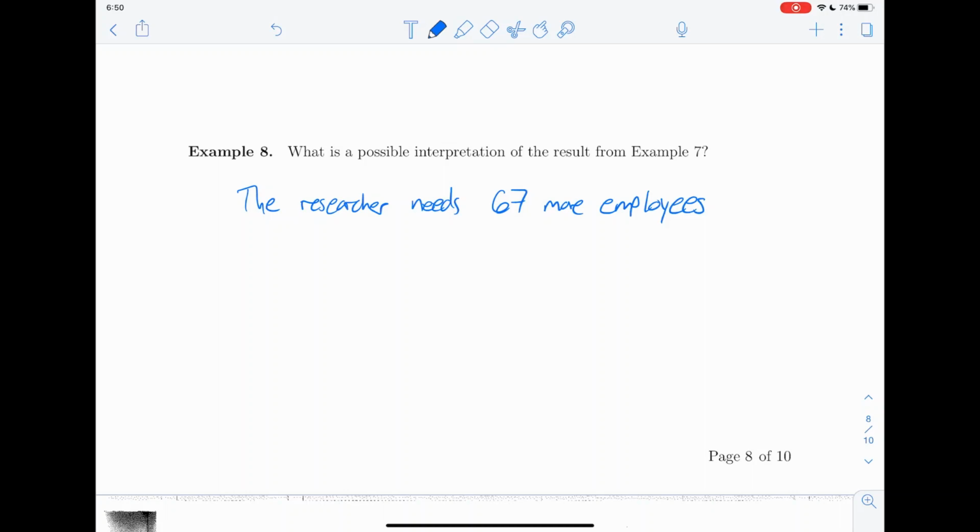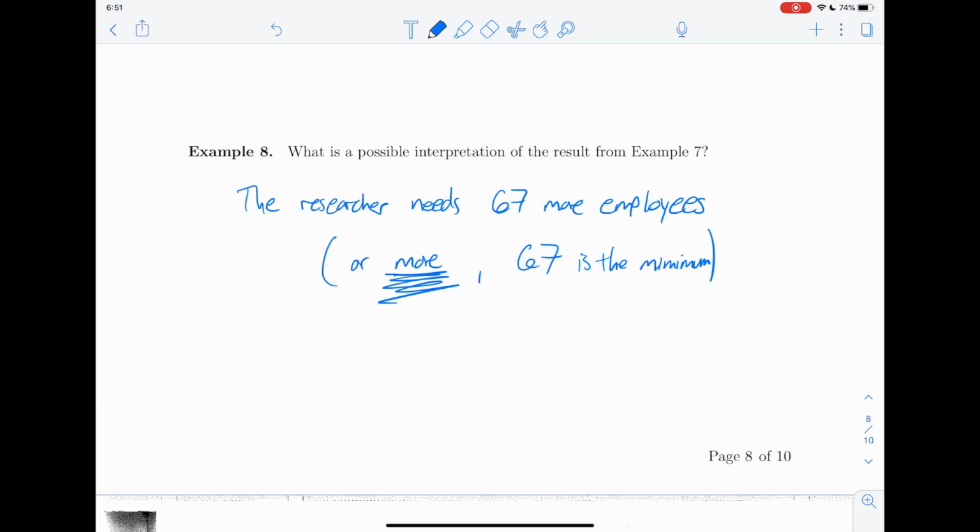But the important takeaway here is that they could have more. So the important observation is probably more accurately written as noting that 67 is the minimum. If they had more, then they would definitely hit the 95% confidence with an error of 1.5, no problem.